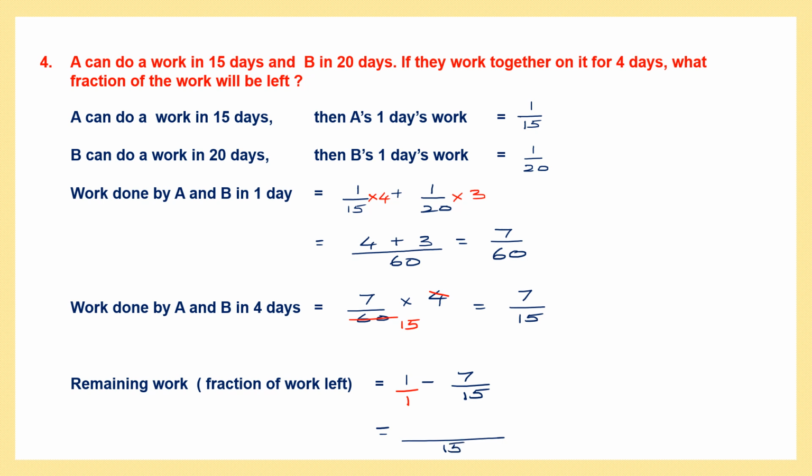So 1 into 15 is 15 minus, and this is already 15, so we write 7 as it is. So 15 minus 7 is 8. 8/15. This is the fraction of work that is remaining, and that is 8/15.